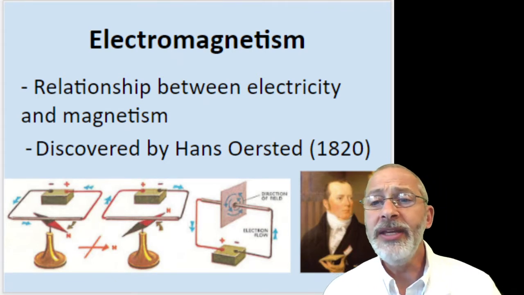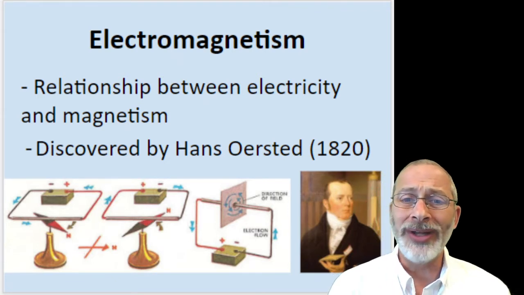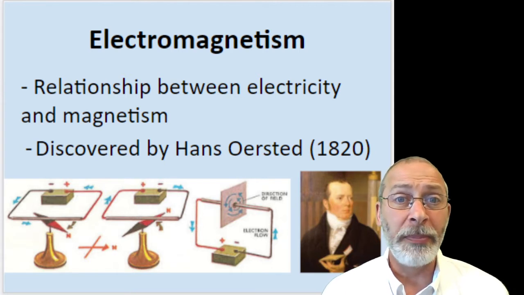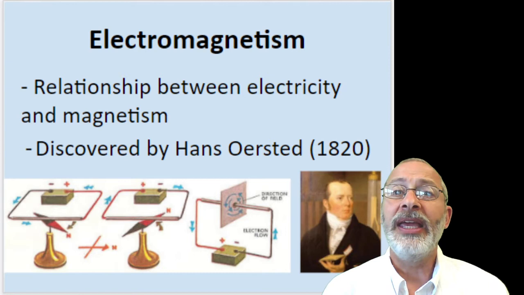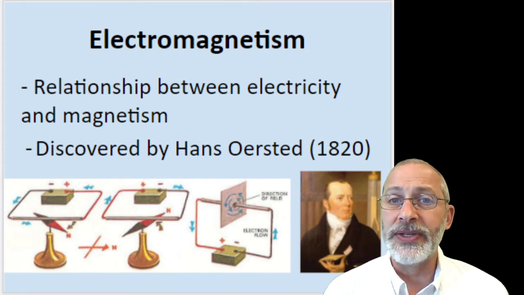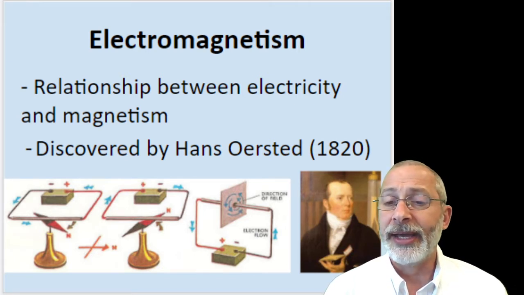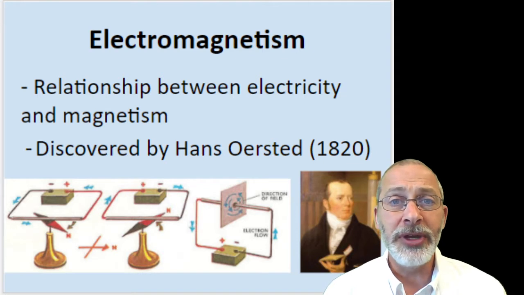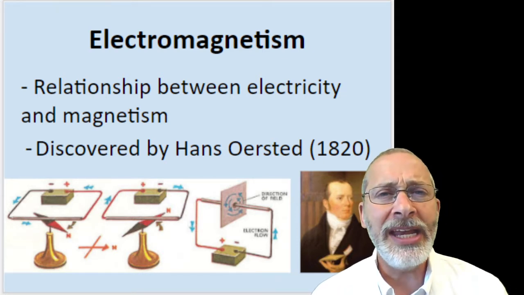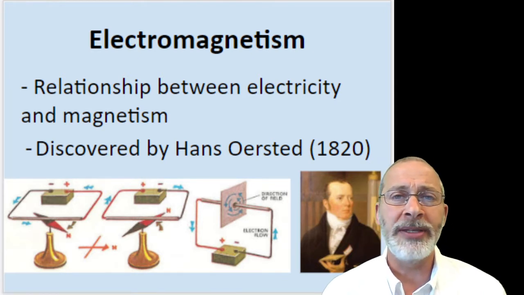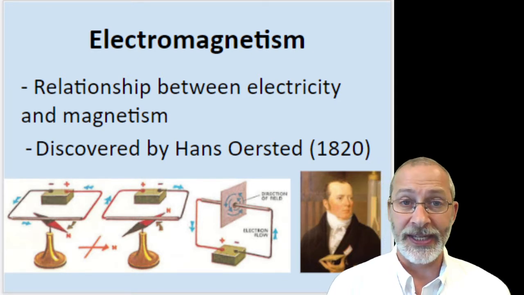Hans Ørsted in 1820 is credited with being the individual who discovered electromagnetism itself. In the early part of the 1800s, there were many people who were gaining an interest in experimenting with electricity.